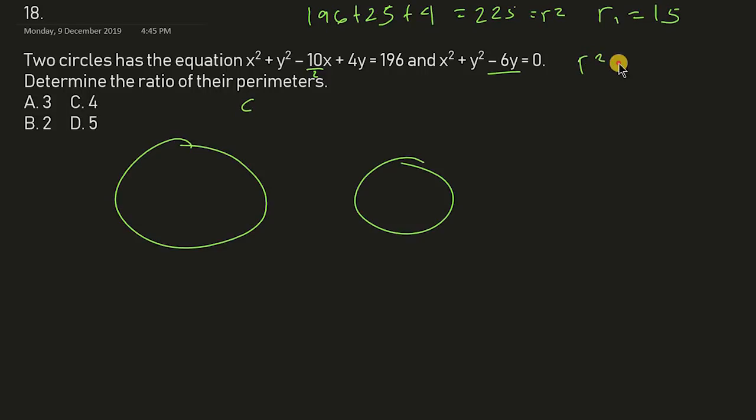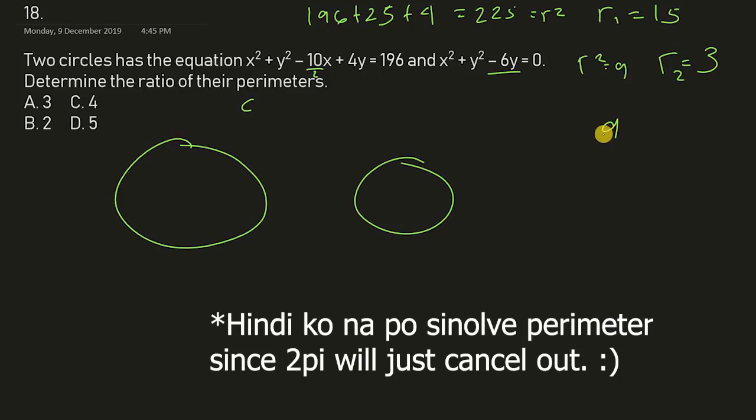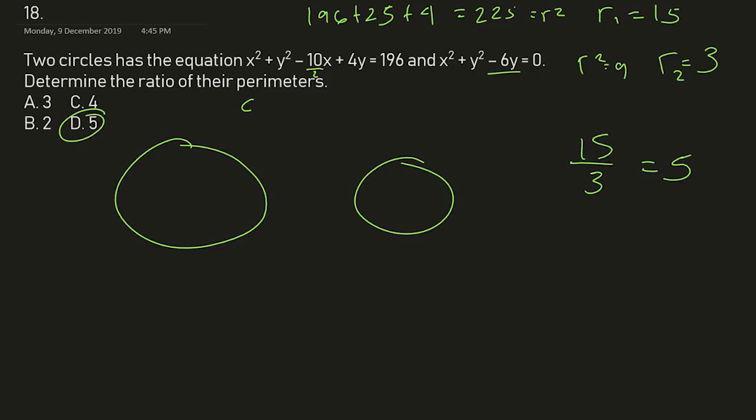So, r squared ko ngayon is 9. Basically, the value of my r is 3. Alright? So, r sub 2 is 3. R sub 1 is 15. Ano yung ratio ng perimeters? That's basically 15 divided by 3, that's equal to 5. So, that's letter D. Alright, next problem.